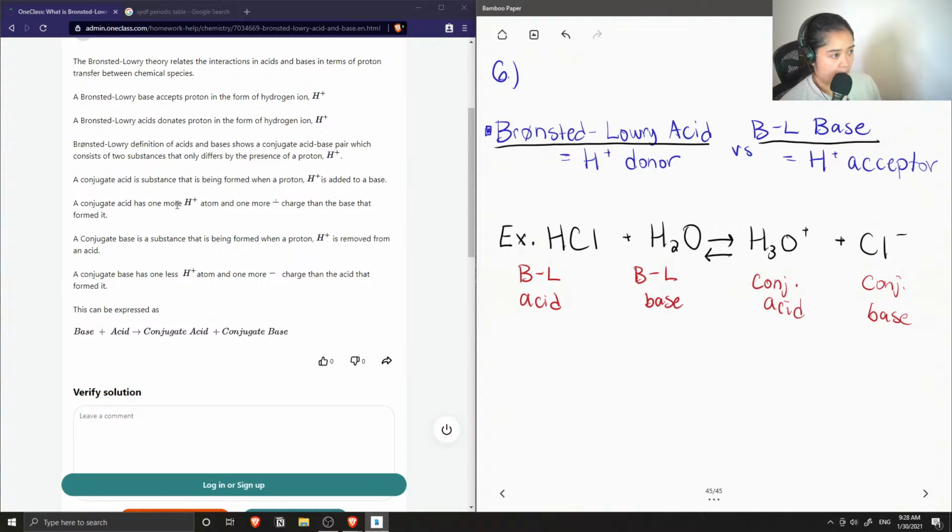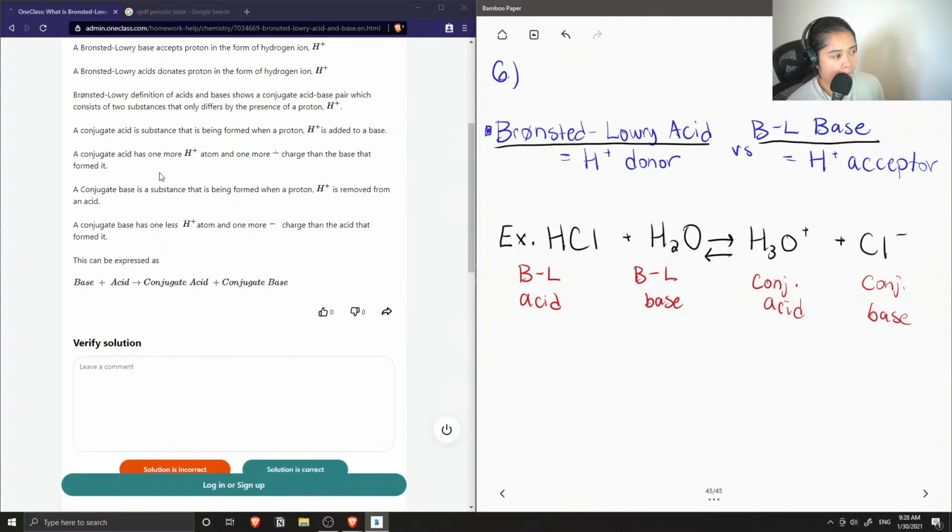So they show a conjugate acid-base pair which consists of two substances that only differ by the presence of a proton. A conjugate acid is formed when a proton is added to a base, and a conjugate acid has one more hydrogen atom and one more positive charge than the base that formed it.